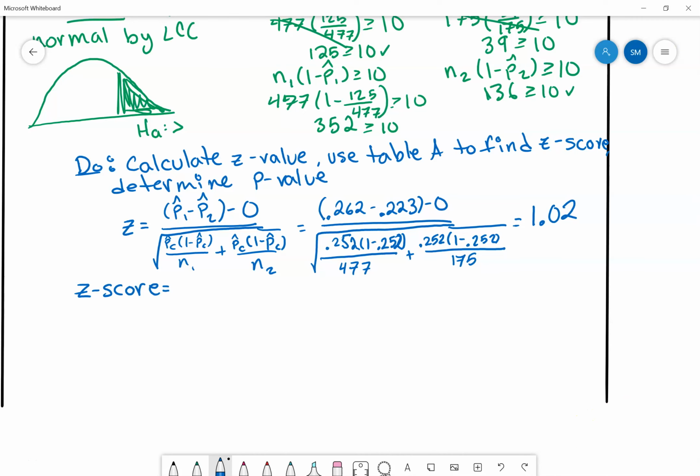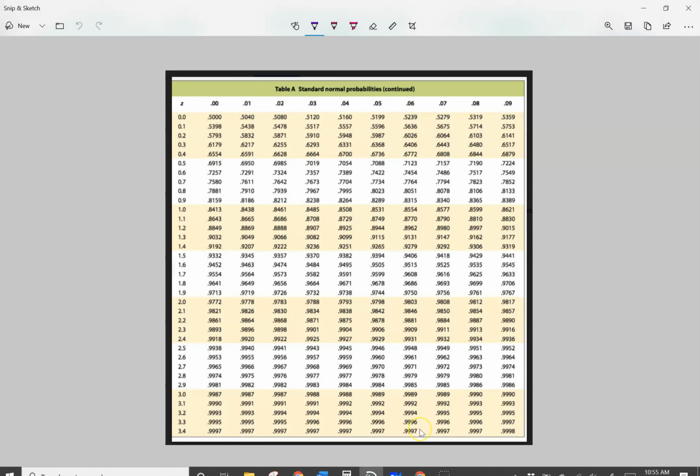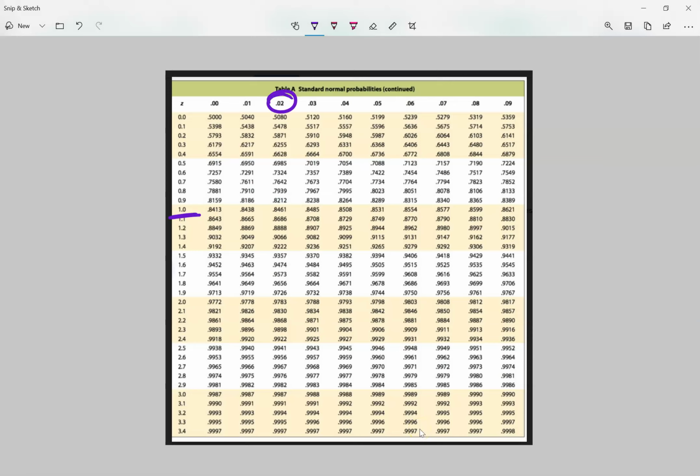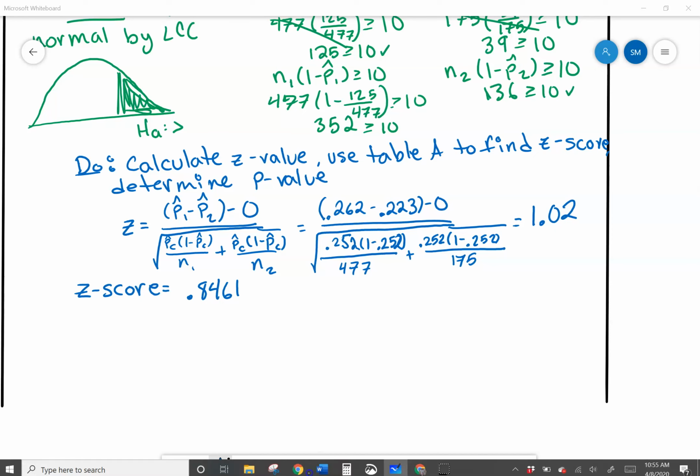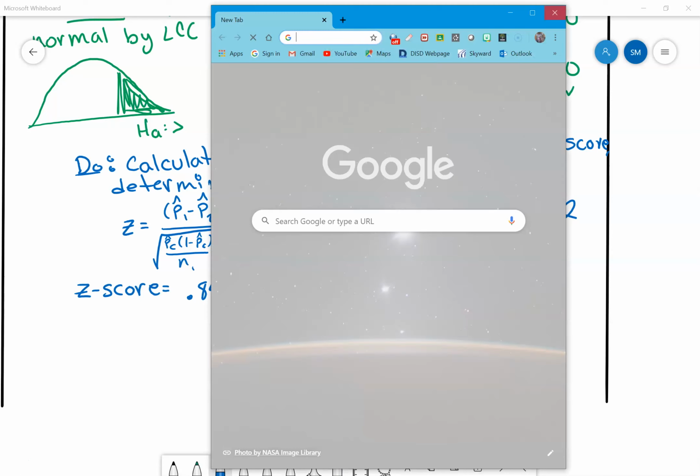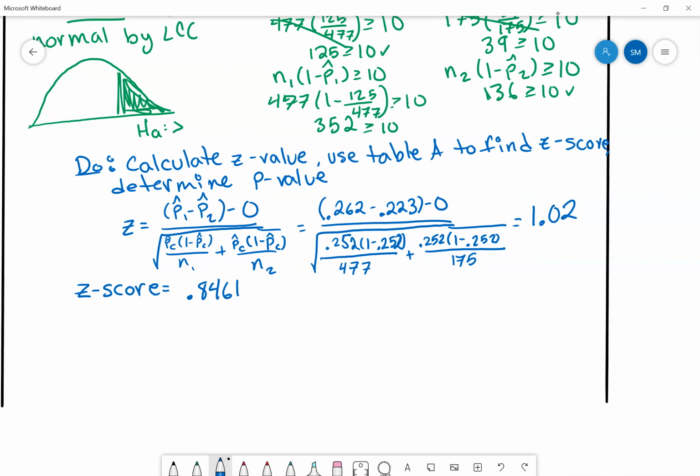So 1.02. So 1.0, this is table A, 0.02, go down, go over, and you get 0.8461. And then we have to determine the p-value. So if you go back and look at our curve, it's shaded to the right.